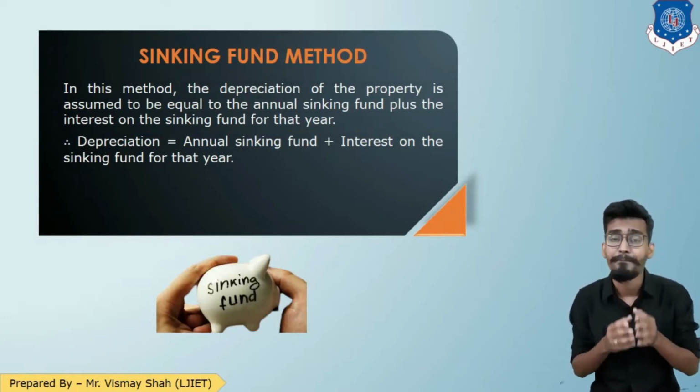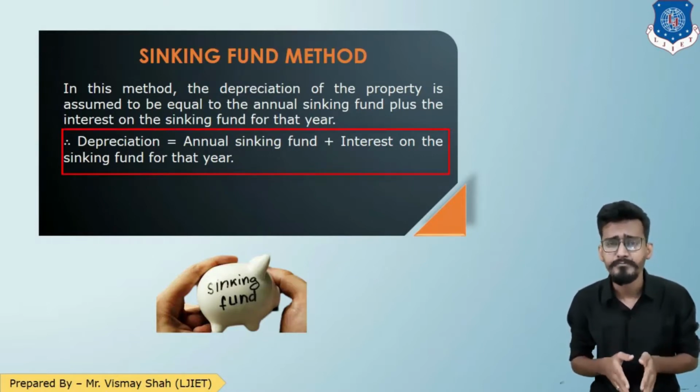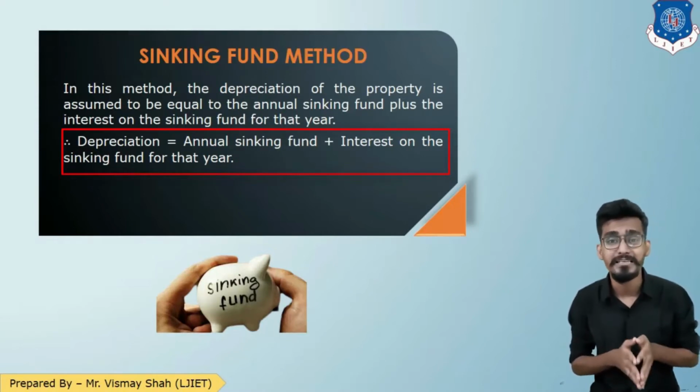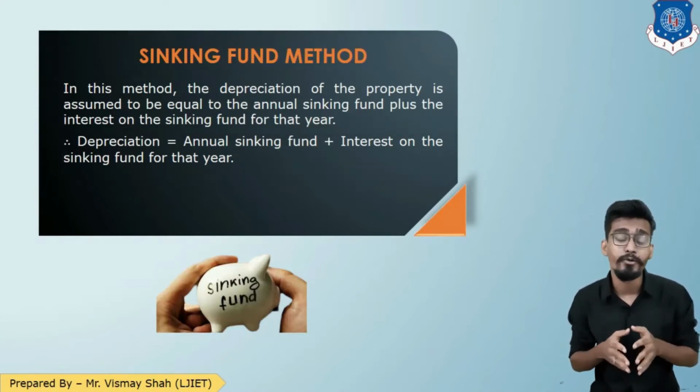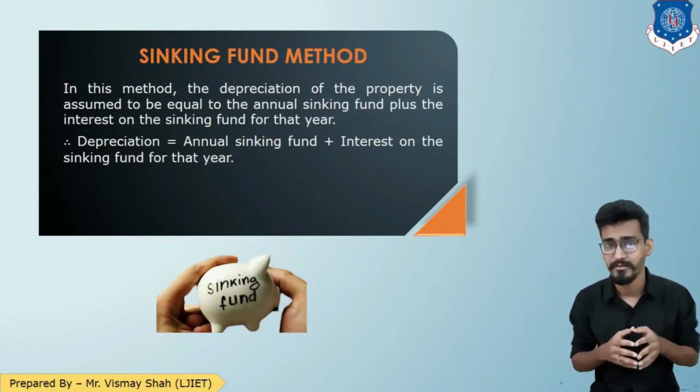That means the depreciation equals the annual sinking fund plus the interest on that sinking fund for that particular year. So this is how you are going to calculate the depreciation by sinking fund method.